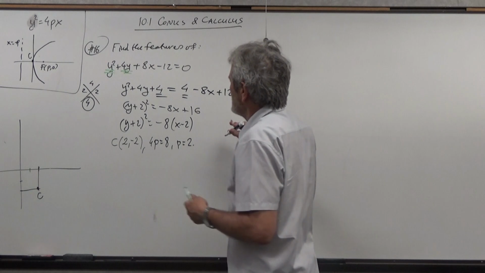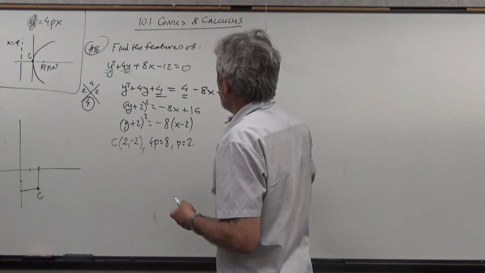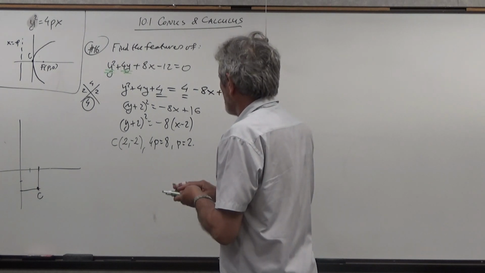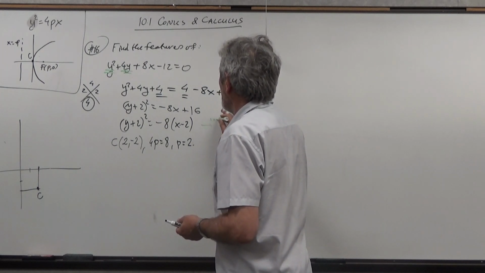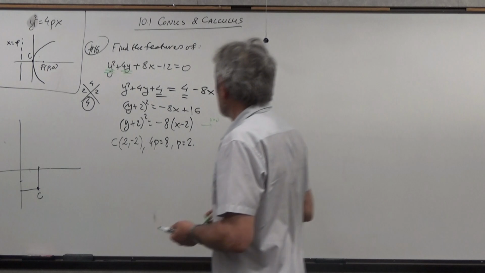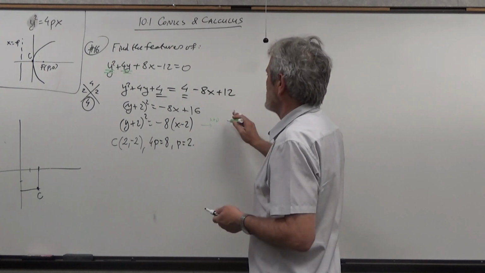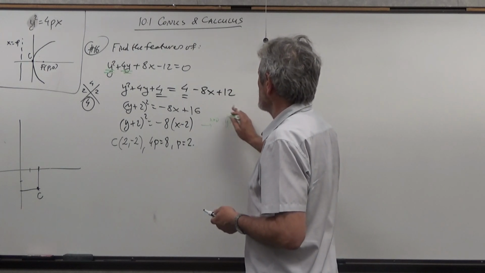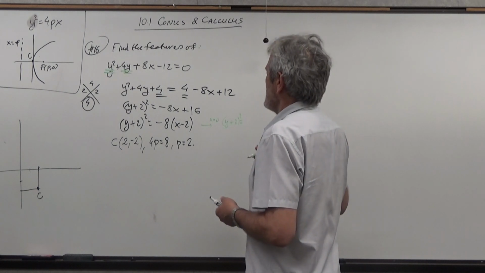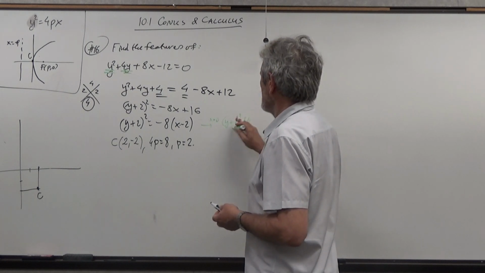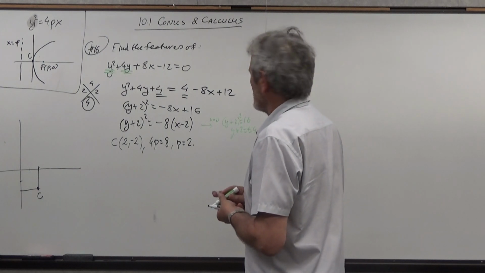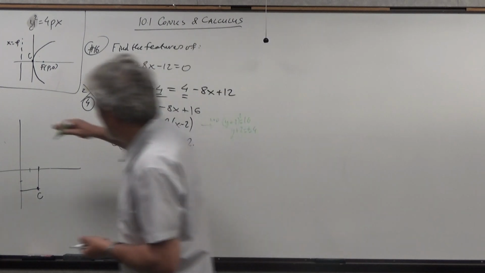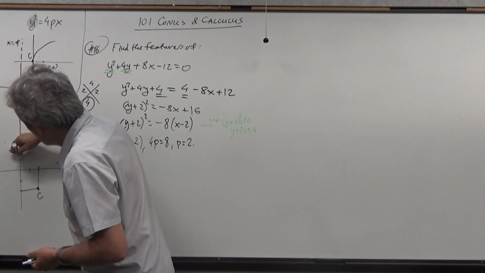I'm not too picky about that part, although I'll show you the trick how to draw it. When you put x to be 0, I want to see where the y-intercept is, or two of them. So we'll get y plus 2 squared is 16. So y plus 2 is plus or minus 4. So it will hit at 2 and at negative 6.